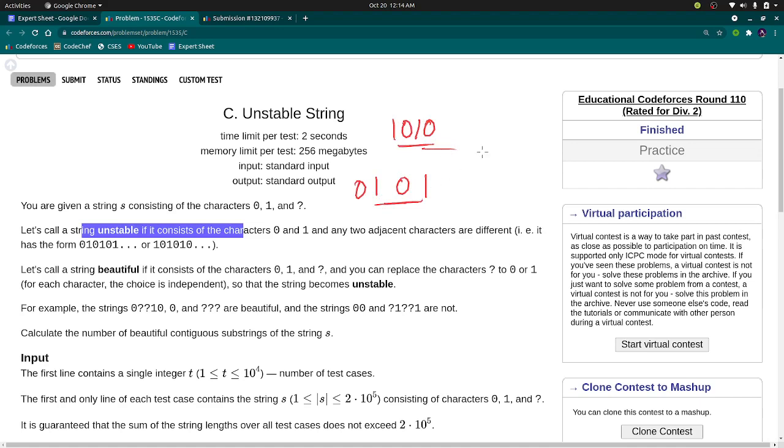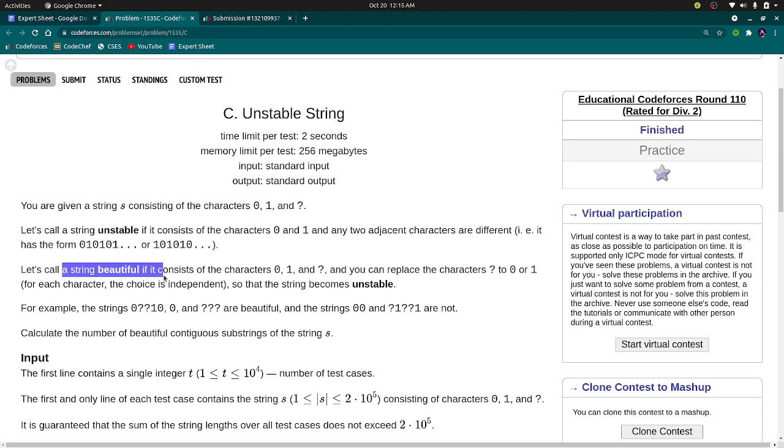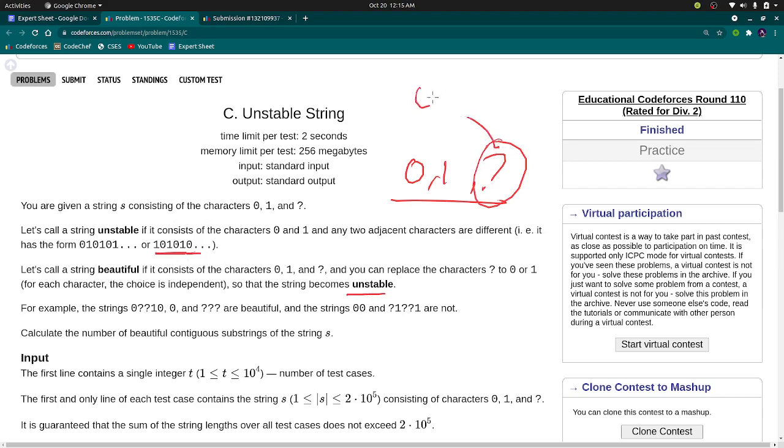These types of alternating sequences we call unstable. Here is also the definition of a beautiful string: a beautiful string consists only of 0, 1 and question mark, and we can replace the question marks with 0 or 1 so that the string becomes unstable, that is, it takes this alternating form.